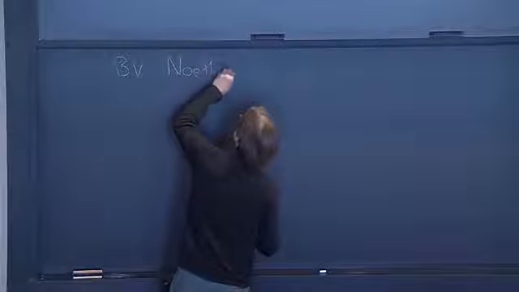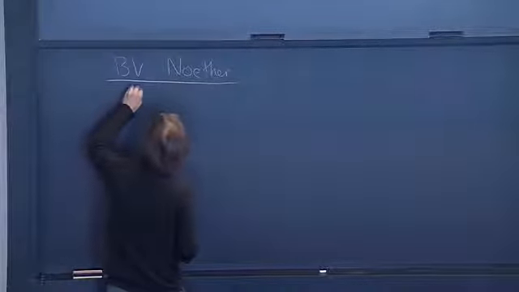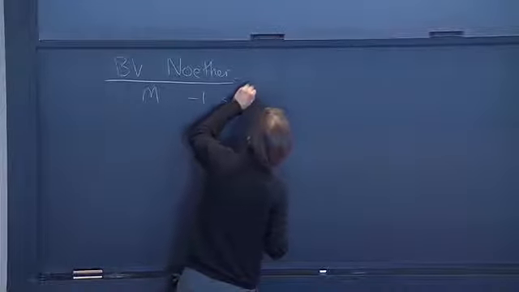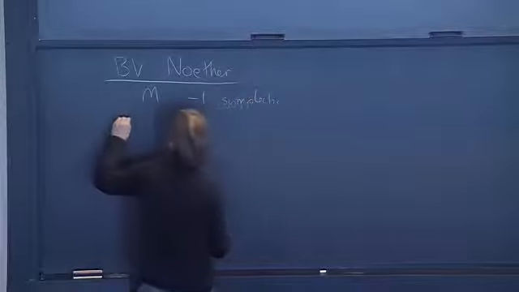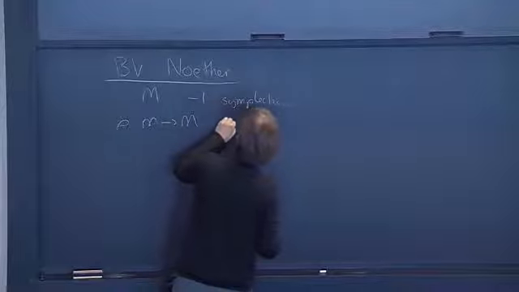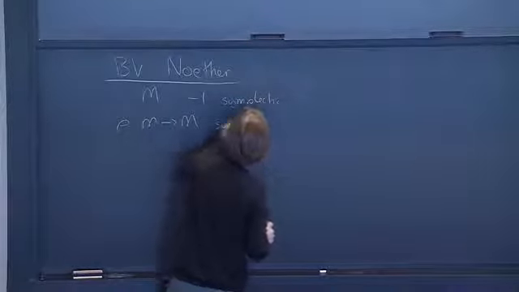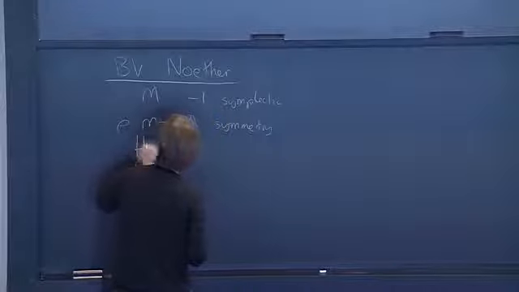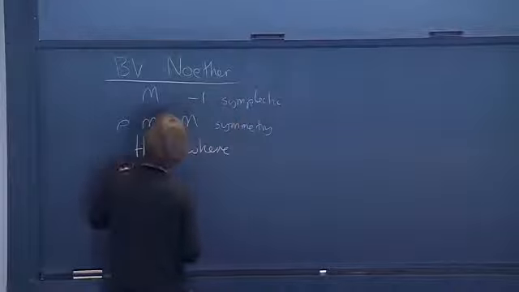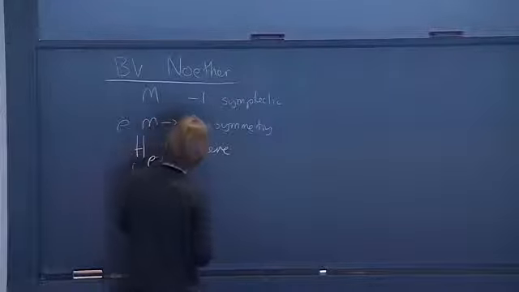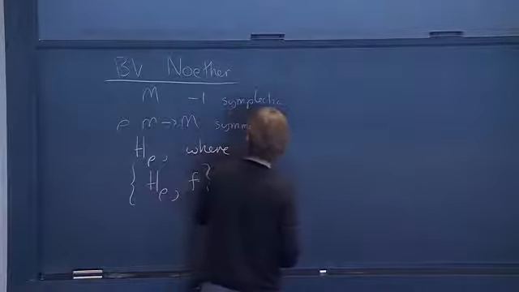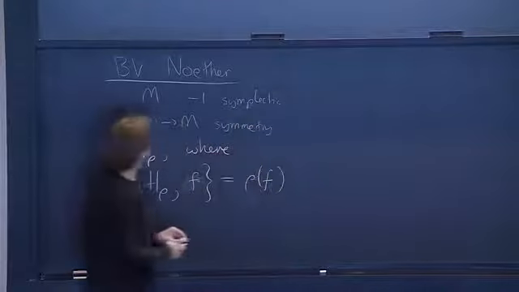So if M is -1 symplectic, and I have some symmetry, then I get some function h of rho, where h of rho bracketed with any other function gives the action of the symmetry.